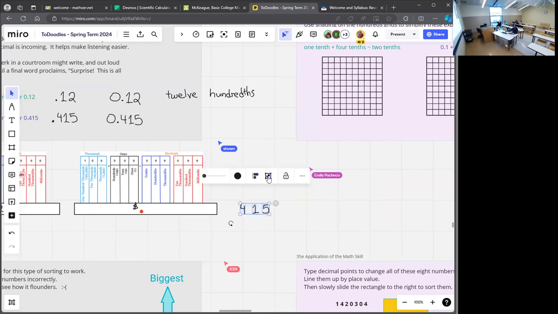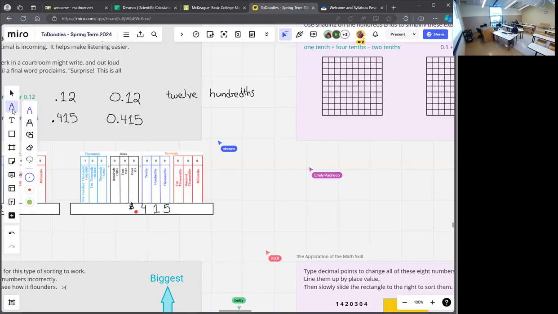It's not 415 wholes. Now I take my 415. Oops, can I move that? So the smallest place value, I'm going to count tenths, hundredths, thousandths. So thousandths is the label I use.